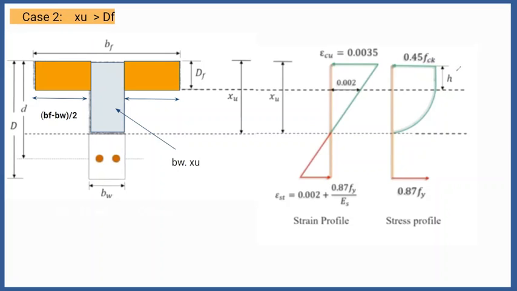This H is equal to 3/7 of XU limit, or axial limit. We have already also found something of this kind.